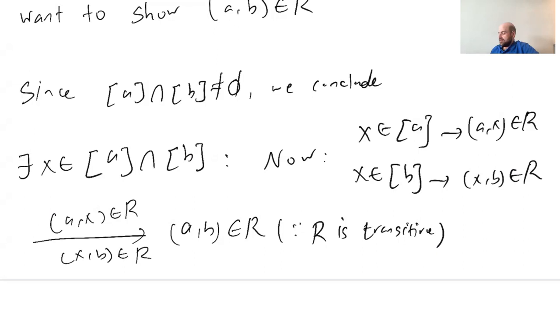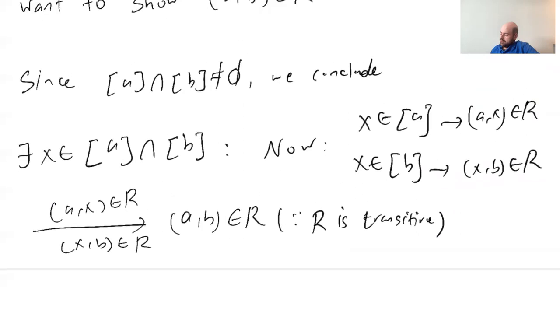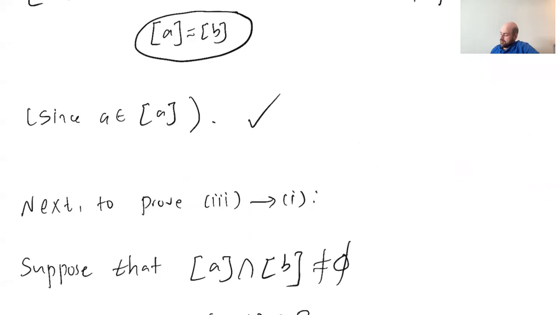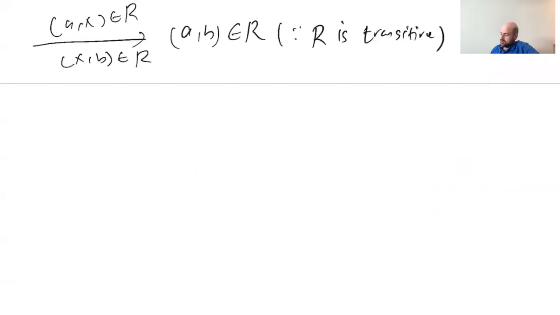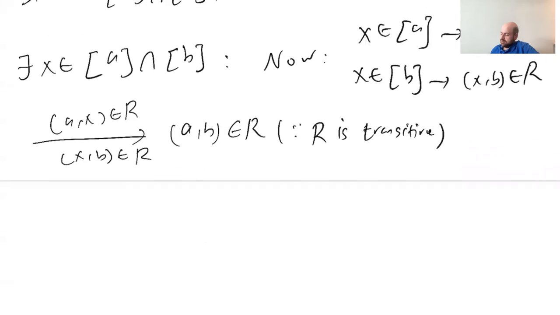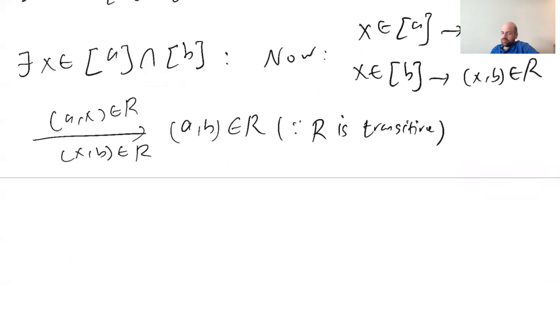Similarly, if X is in the equivalence class of B, that means (X, B) and (B, X), both of them will be in R. But again, this time I will just use the fact that (X, B) is in R. Now, if (A, X) in R and (X, B) in R, then I can conclude (A, B) must be in R. So (A, B) in R, and yeah, that's what we wanted to show. So we proved 3 to 1 as well. So the proof is complete now.